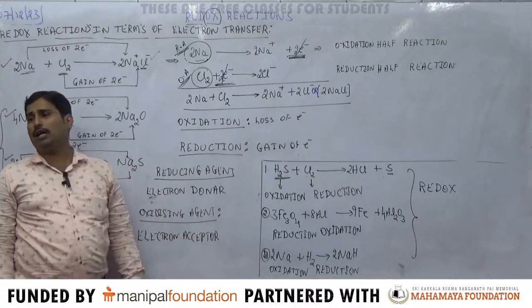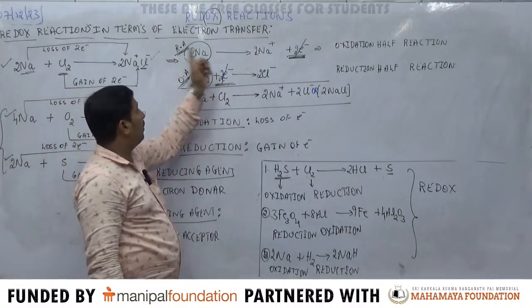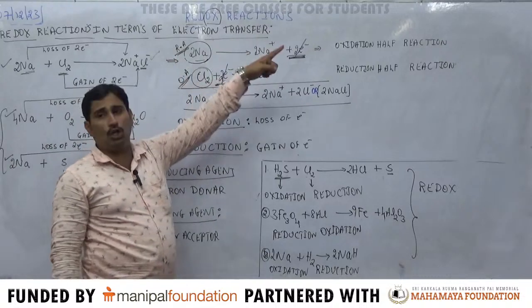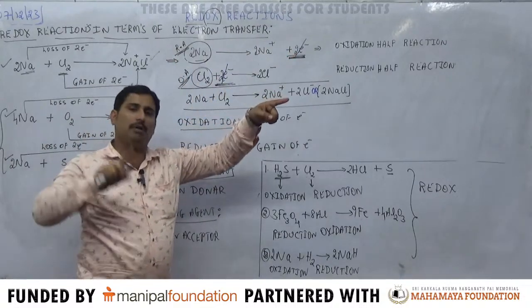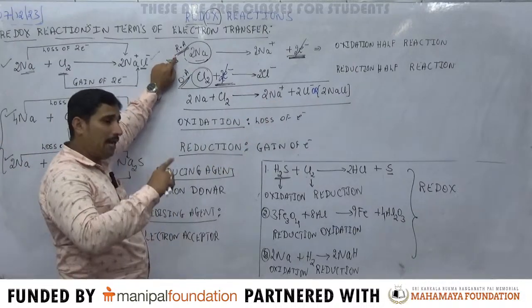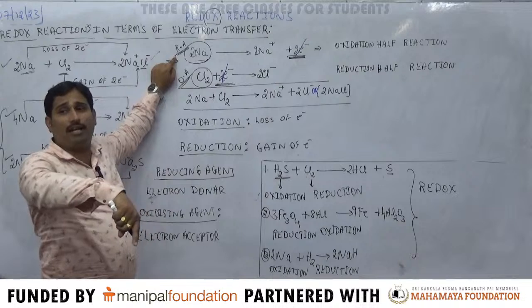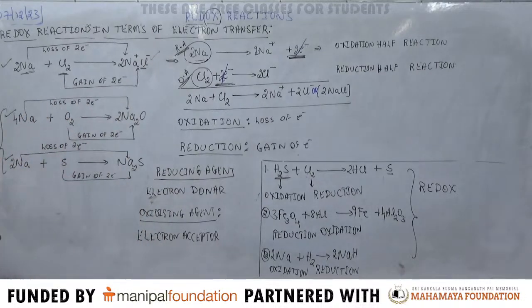Itself will undergo reduction. It is a reducing agent. It is helping for the reduction. Itself will undergo oxidation. That's the example I said. Similarly here, the reducing agent is helping for the reduction. Itself will undergo oxidation. Is that clear? Fine. There should not be any confusion.